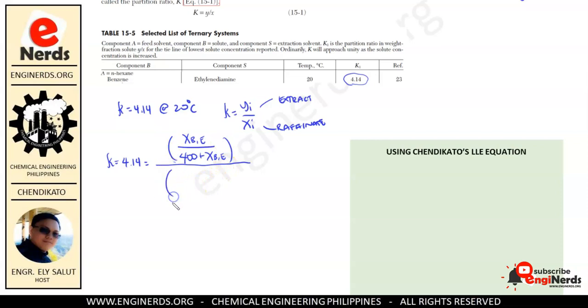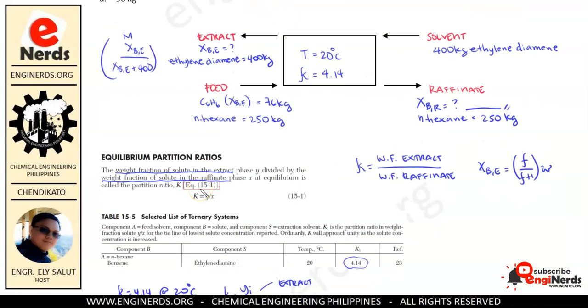Now, in our raffinate, the mass fraction in our raffinate will be XBR over 250 plus XBR. So, that is our mass fraction. But we know that XBR is equal to our feed solute, which is 76, minus our XBE.